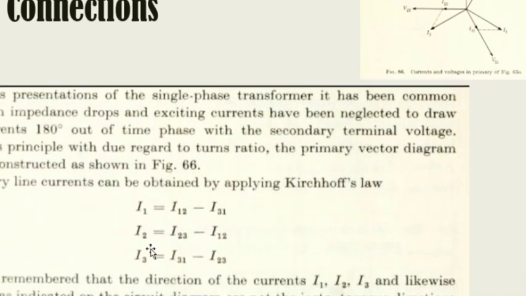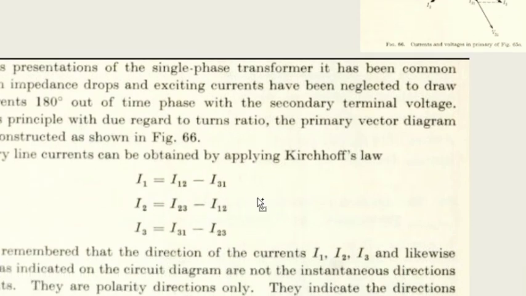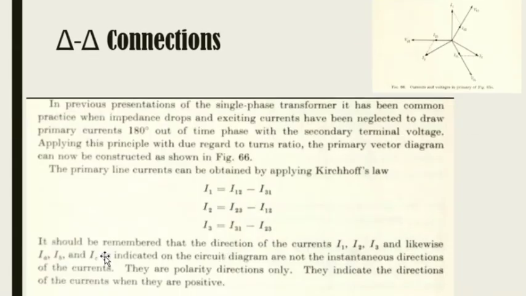I2 is equal to I23 minus I12. And I3 is equal to I31 minus I23. Here, it should be remembered that the directions of the currents I1, I2, and I3, and likewise IA, IB, and IC obtained previously, as indicated on the circuit diagram, are not the instantaneous directions of the currents. They are polarity only. They indicate the directions of the currents when they are positive.